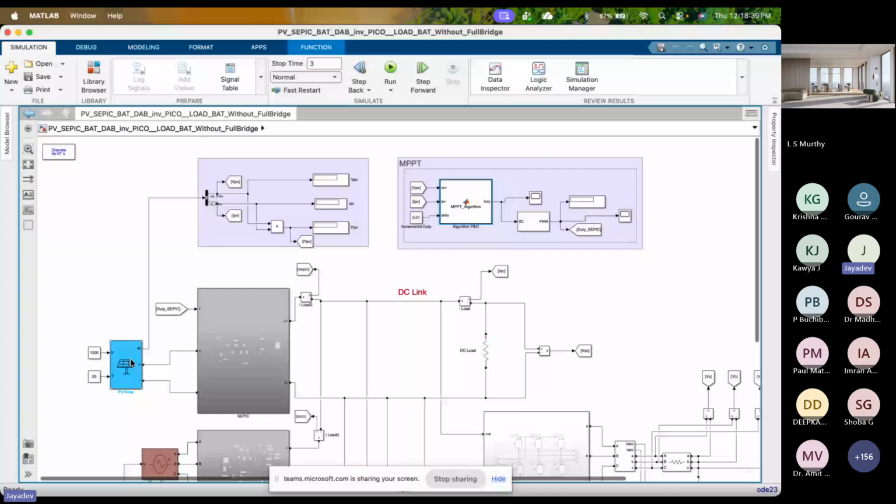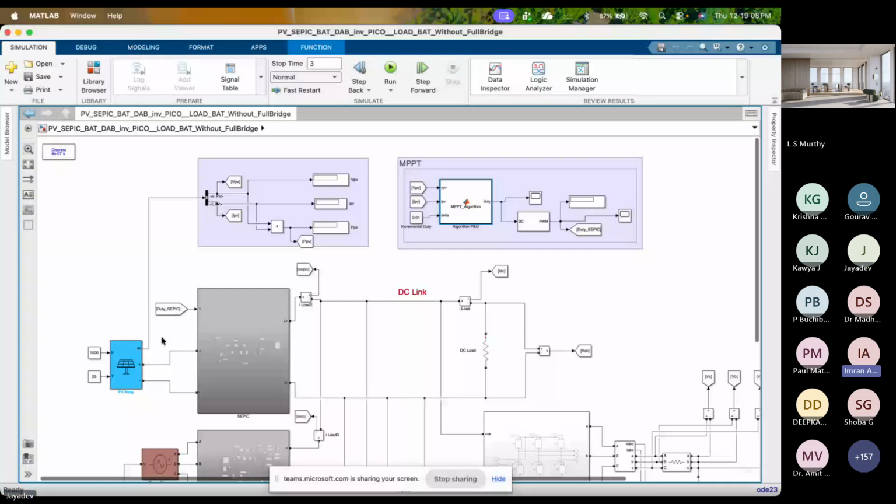If you change the irradiation value, you need to check how much power it is giving at that irradiation value. That you have to check. So for simplicity and testing purposes, you use constant irradiation and constant temperature.